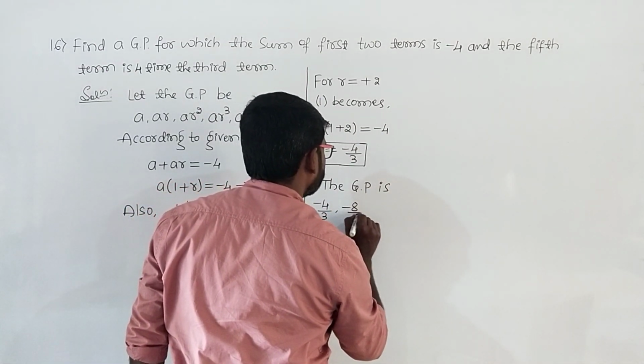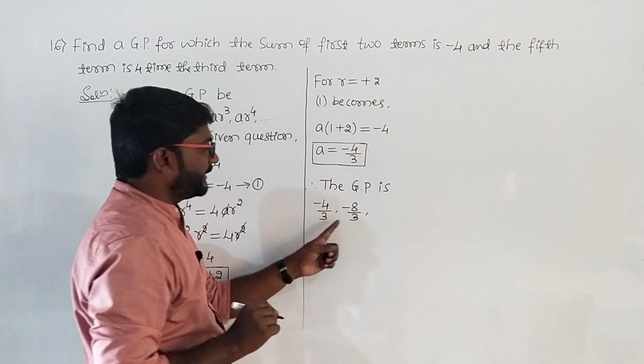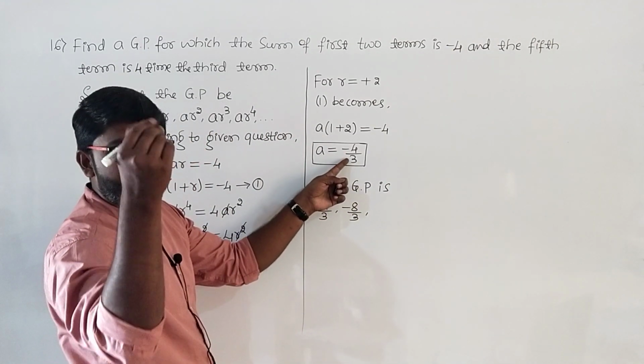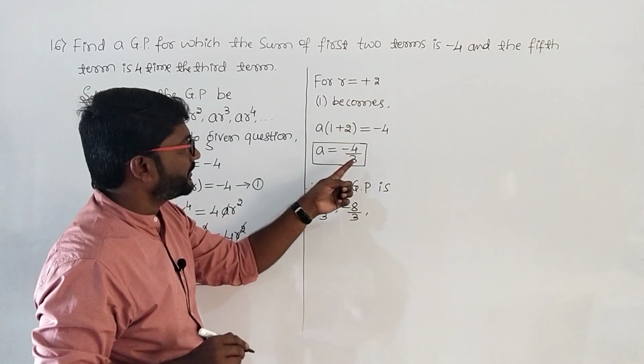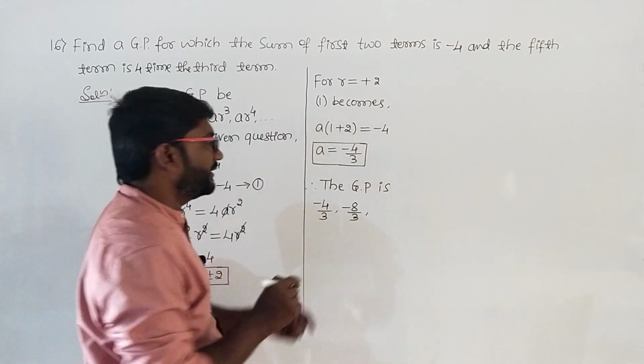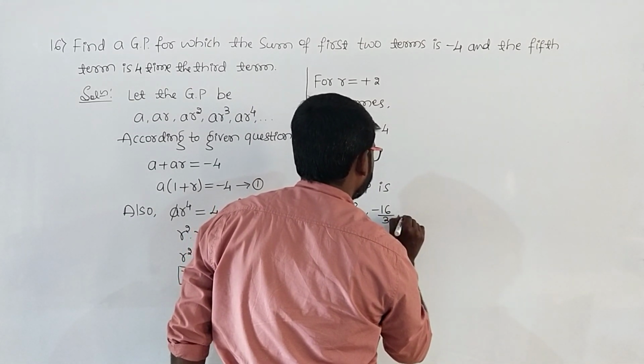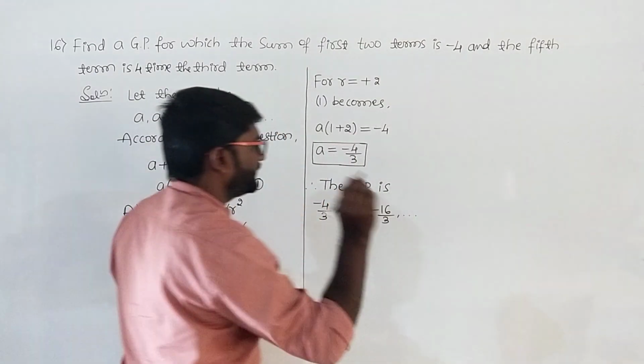Then A into R square, minus 4 by 3 into R square will be 2 square, that is 4. Minus 4 by 3 into 4 will be minus 16 by 3, and it continues.